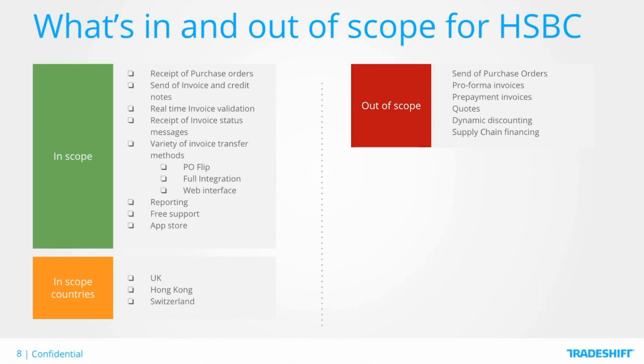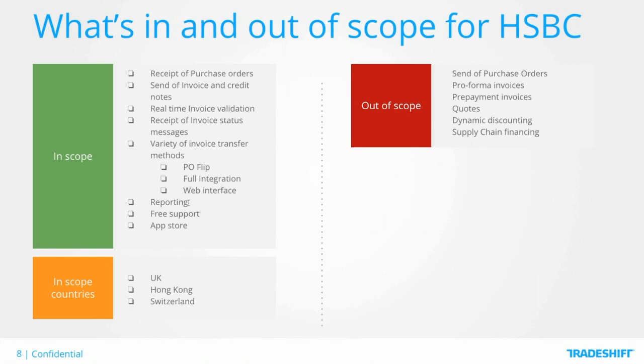You will receive statuses automatically updated on the platform via messages sent from HSBC to the documents. There's the opportunity to transfer documents, your invoices and credit notes, to HSBC via a number of methods. So there's PO flip, that is turning your purchase order into an invoice on the platform.